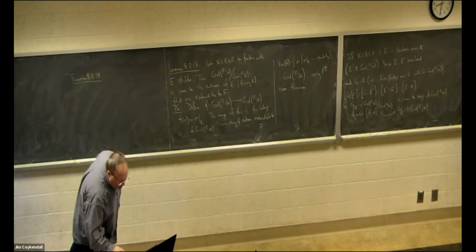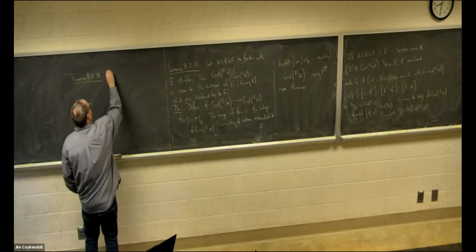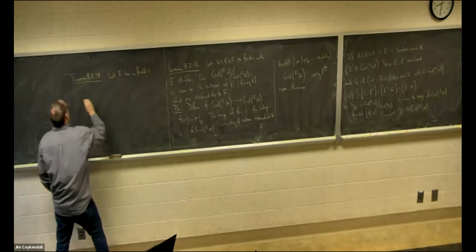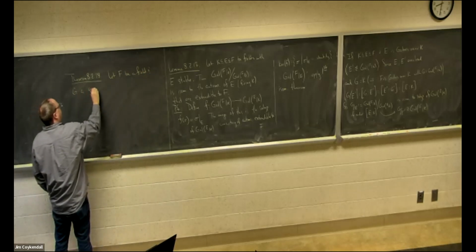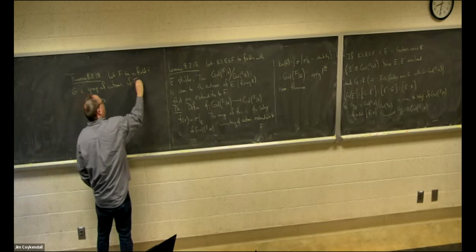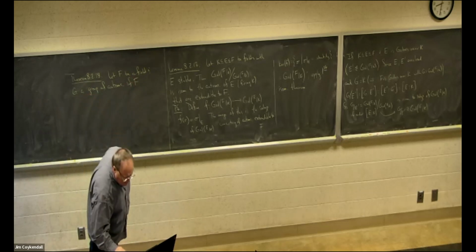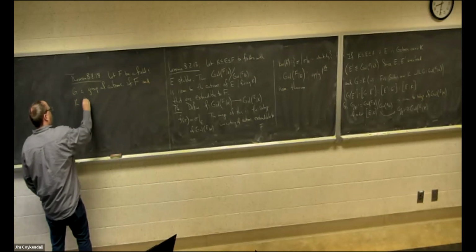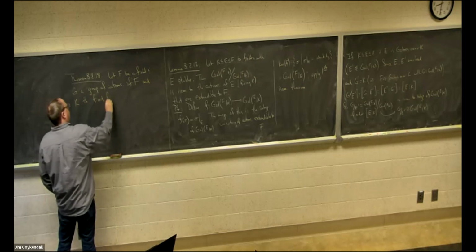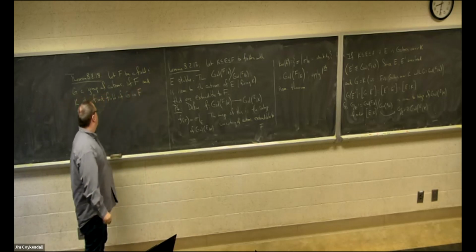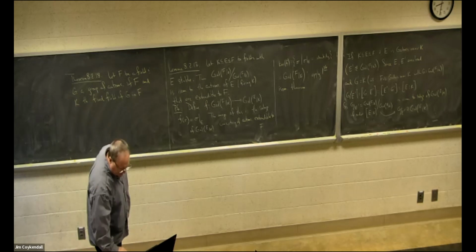Let F be a field and G a group of automorphisms of F, and K the fixed field of G in F. So all you have to do to identify what it's Galois over is look at that group of automorphisms and take the fixed field.